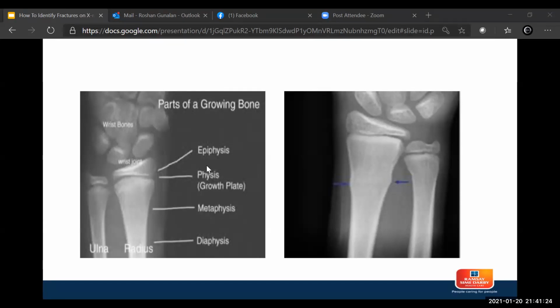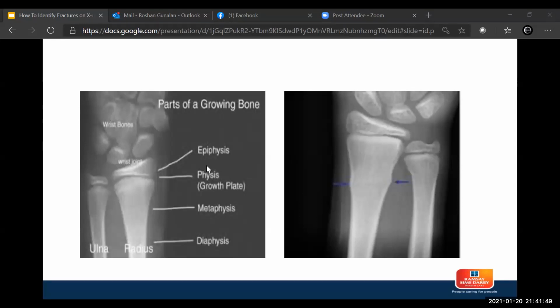Okay. Huawei, on the telephone, asked, how about the steps to describe a child's fracture? Is it 1 to 4? Yeah, it's pretty much the same. The steps to describe a fracture, whether in an adult or a child, are exactly the same. You still go by the same step by step approach.